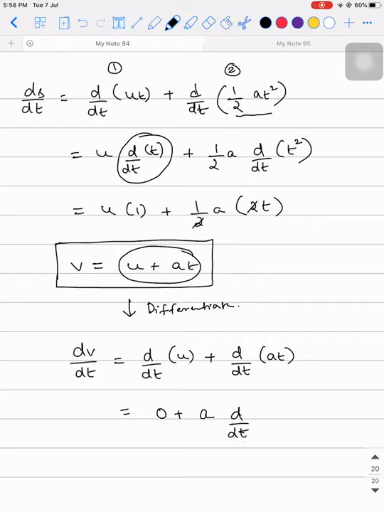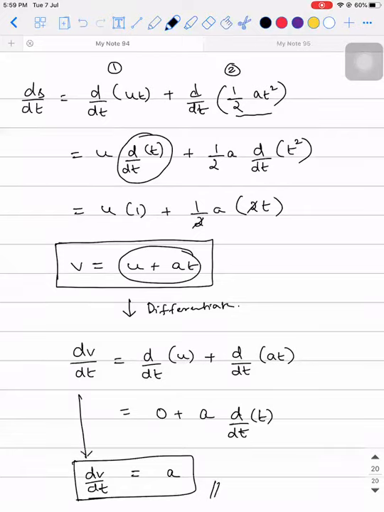So a into d by dt of t, the derivative of t with respect to t, is 1. So 0 plus a into 1, a. So dv by dt is a. We know this. Left hand side is dv by dt, right hand side we got a. This is also a known fact, right?